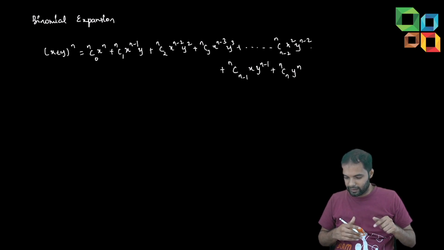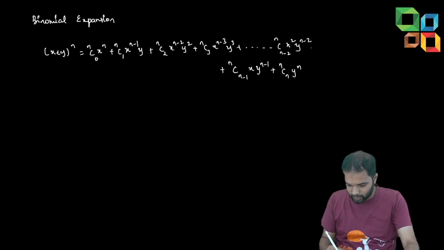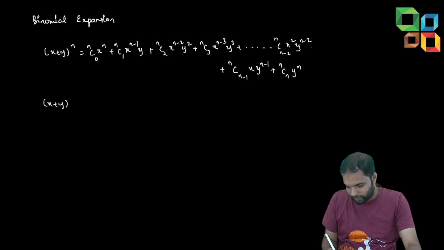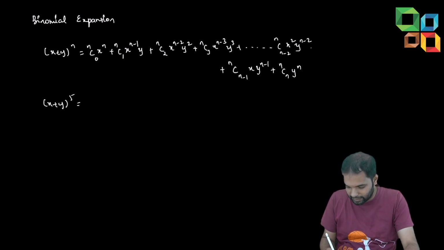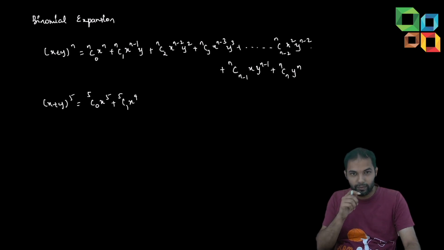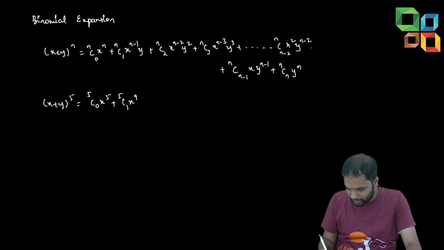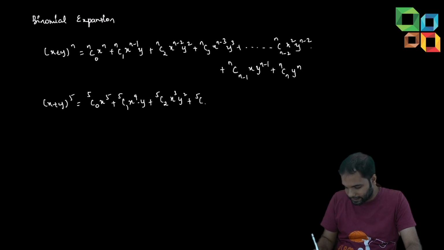So can we just try to write the formula and figure out what is (x plus y) whole power 5? We have done this before. We know what the answer is, but still, we're simply going to apply this. 5C0 x power 5, the n is 5. Next is 5C1 x power 4 into y, the 5 minus 1 is 4, plus 5C2 x power 3 into y square plus 5C3 x square into y cube.